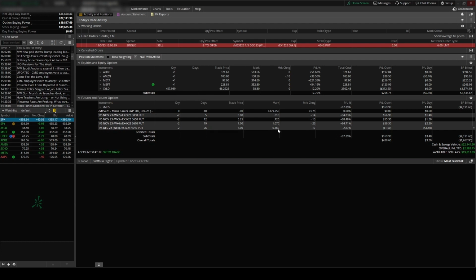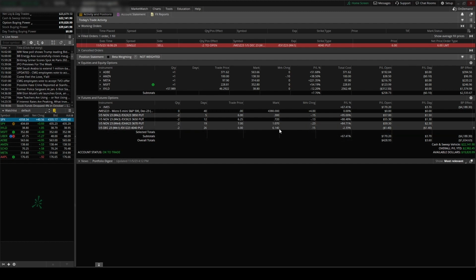We'd lose right now 16 cents times the number of contracts you had times 5, because MES is a 5 multiplier. So you'd have to multiply the 14 cents that we would lose if we bought this right now by 5, and then multiply that again by the quantity, which is 2.